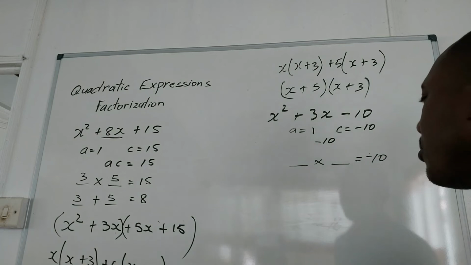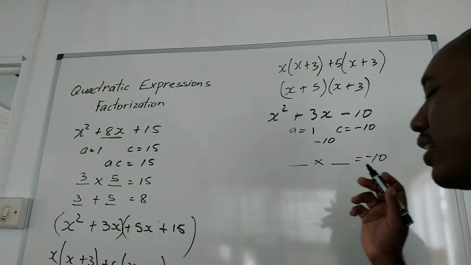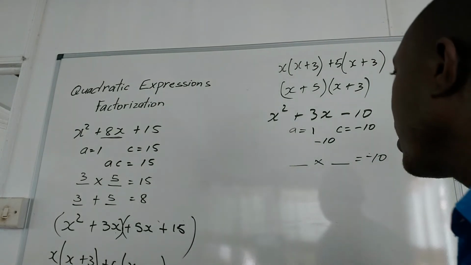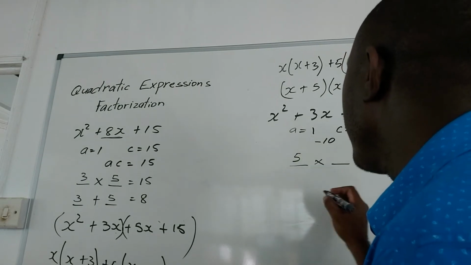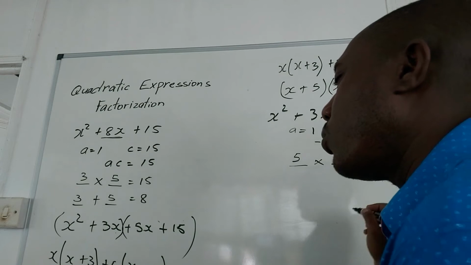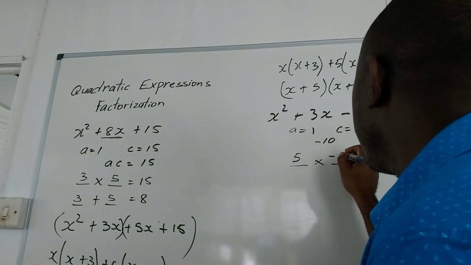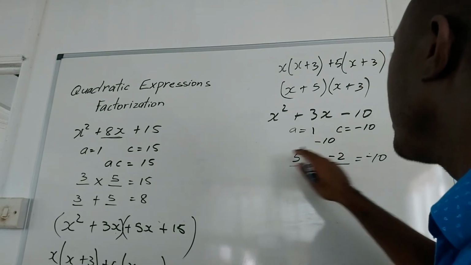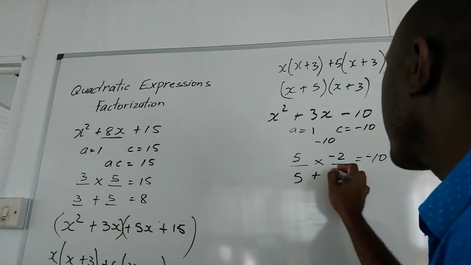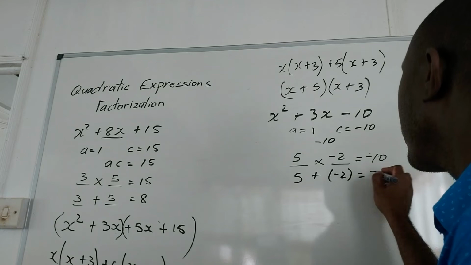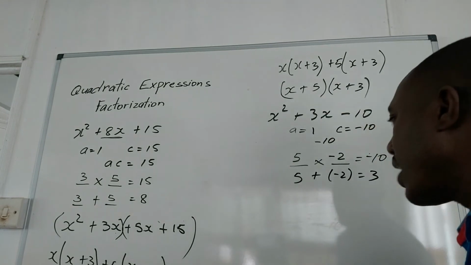So of 5 and 2, we take the larger number, which is 5, and make that positive, and the smaller one will be negative 2. So 5 times negative 2 will give us negative 10, and 5 plus negative 2 will give us 3. So we have our b value.